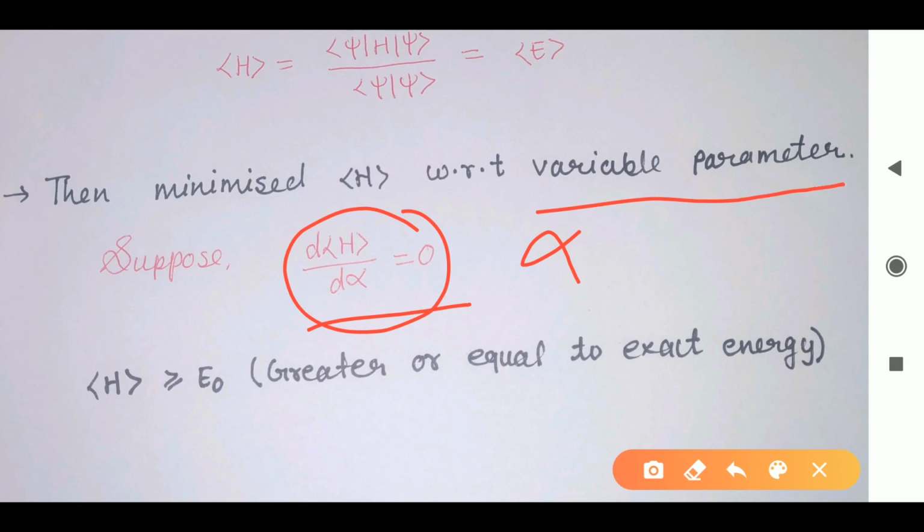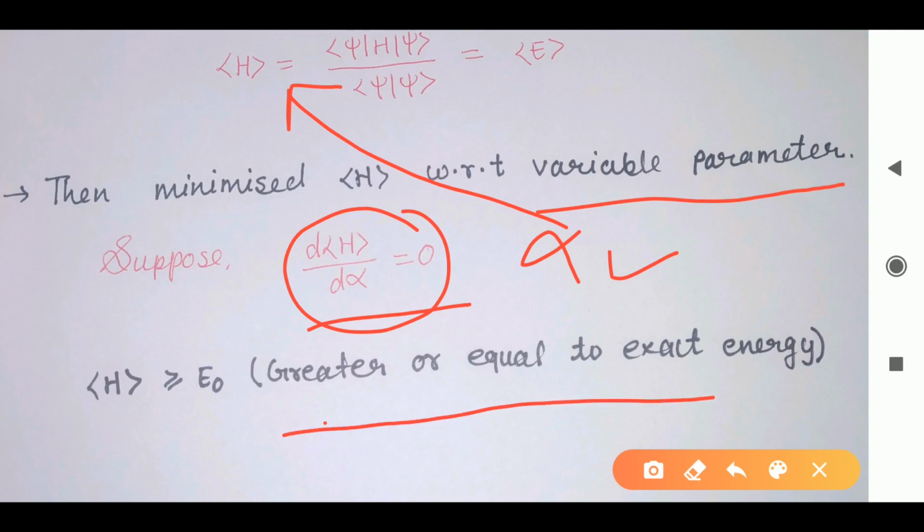After finding the value of alpha, we put this alpha value back in the Hamiltonian equation, and we get the minimum energy, which will be greater than or equal to the exact energy. So let's recall all these steps once again.